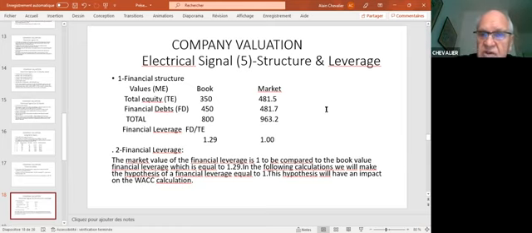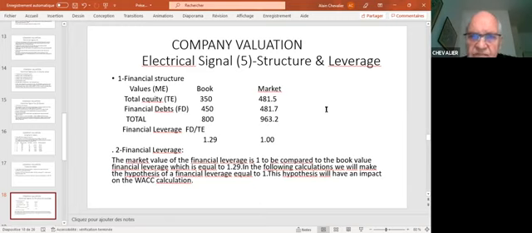The total of the balance sheet here is 963.2, if you don't include the operational debt, which has been included into the left side through the calculation of the operating working capital. Okay. So when you consider the balance sheet, you understand that the balance sheet size has increased.